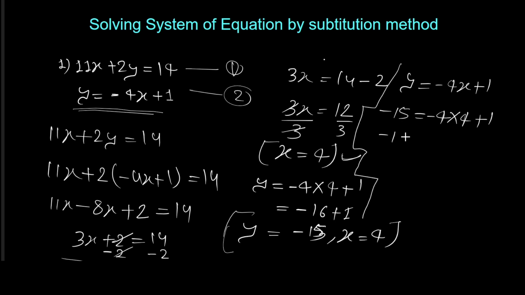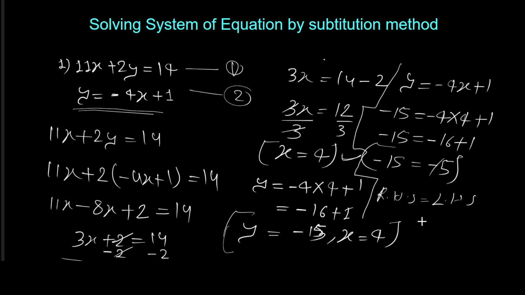So negative 15 equals negative 16 plus 1, since 4 times 4 is 16. So negative 15 equals negative 15. So here the right-hand side equals the left-hand side, which shows that our solution is correct.